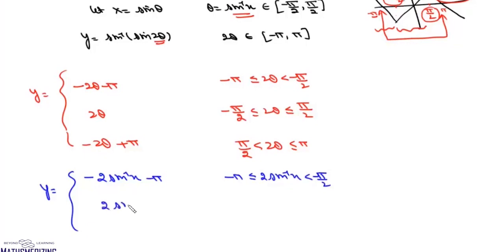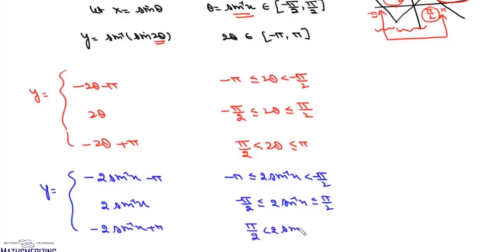It will be 2 sin inverse of x when 2 sin inverse of x lies between minus pi by 2 and plus pi by 2, and it will be minus 2 sin inverse of x plus pi when 2 sin inverse of x is greater than pi by 2 but less than or equal to pi.